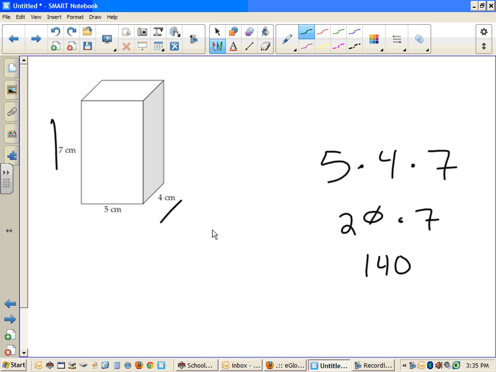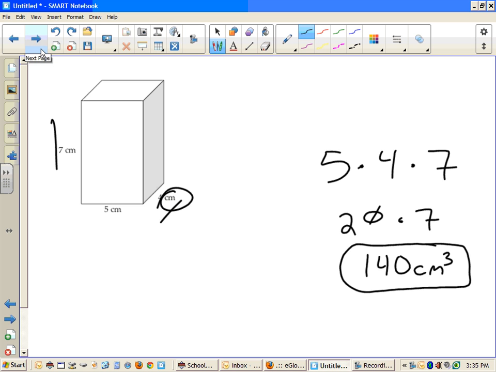In this case, we have centimeters cubed. So there's 140 of these little centimeter cubes inside of this rectangular prism.